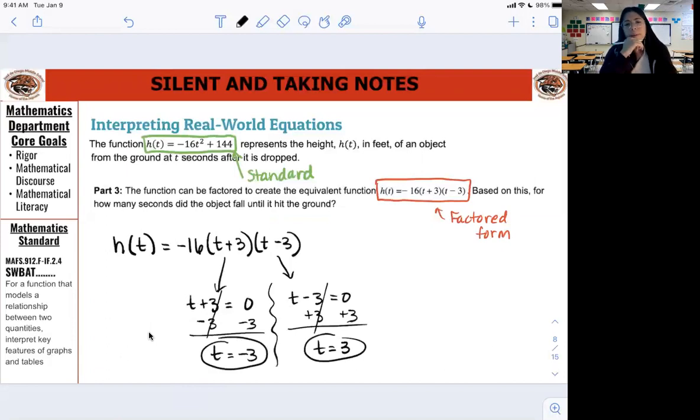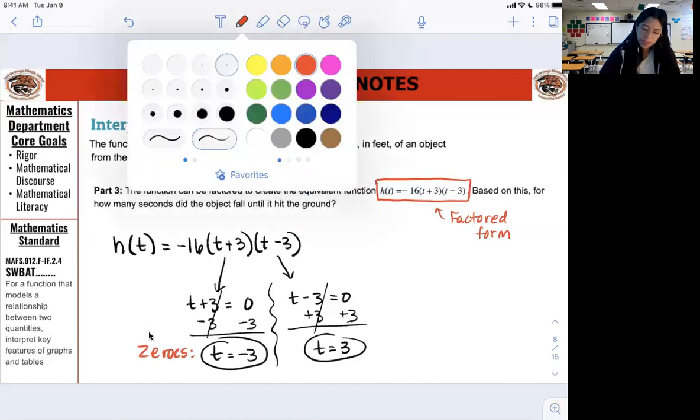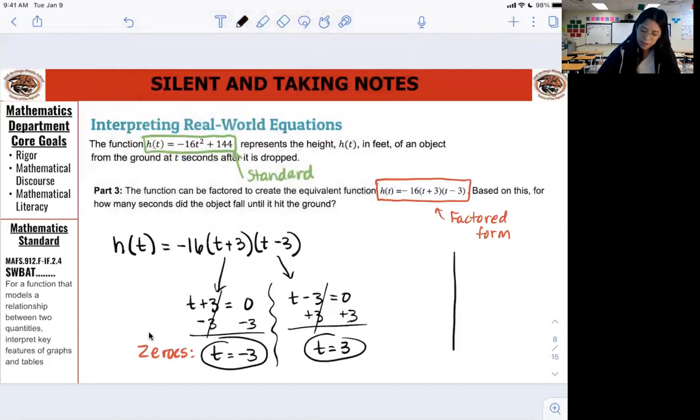Now let's talk about what that means. These are my zeros, my x-intercepts. And if I was going to graph this, let me do a quick sketch. I know a few things now.